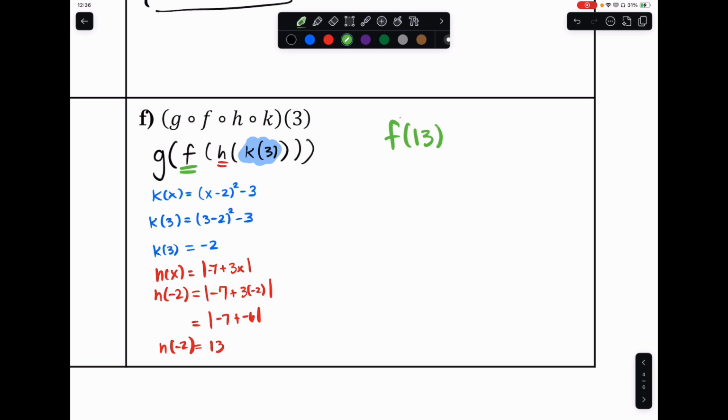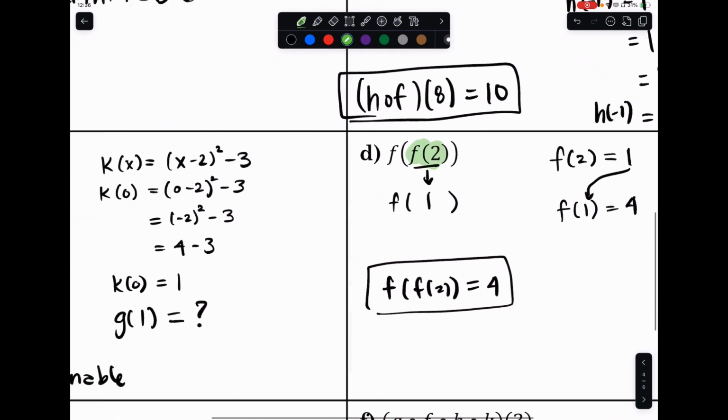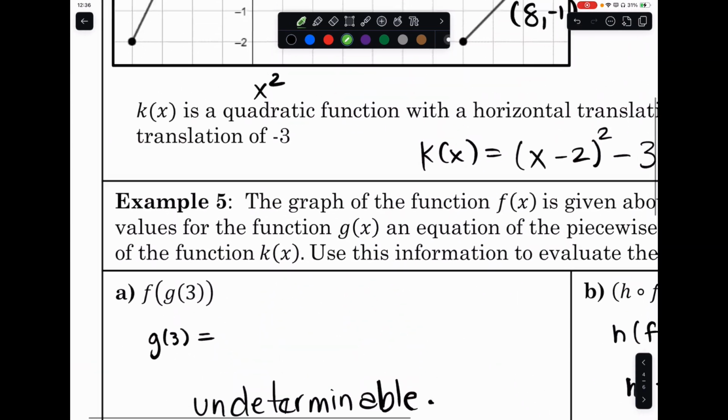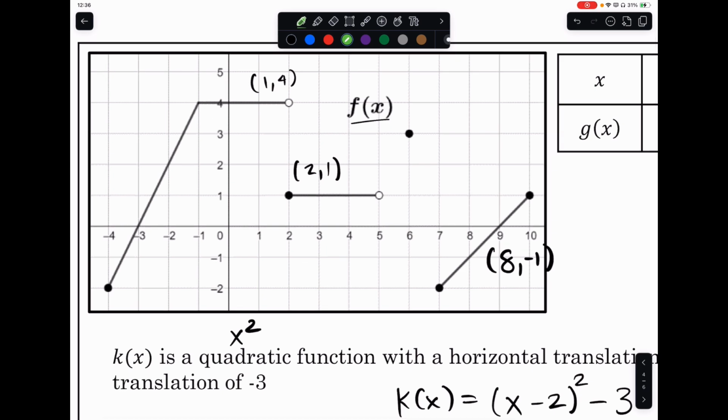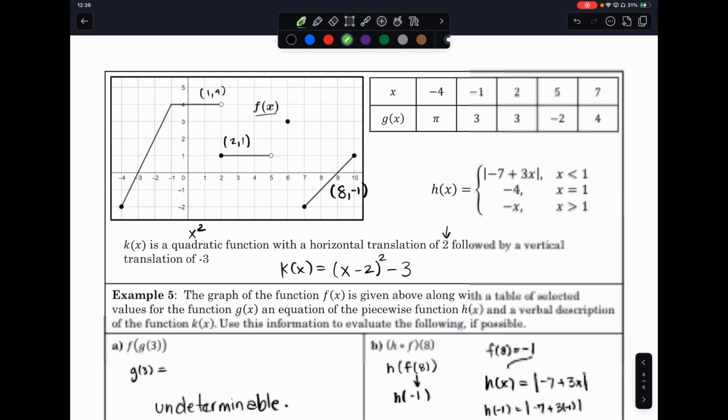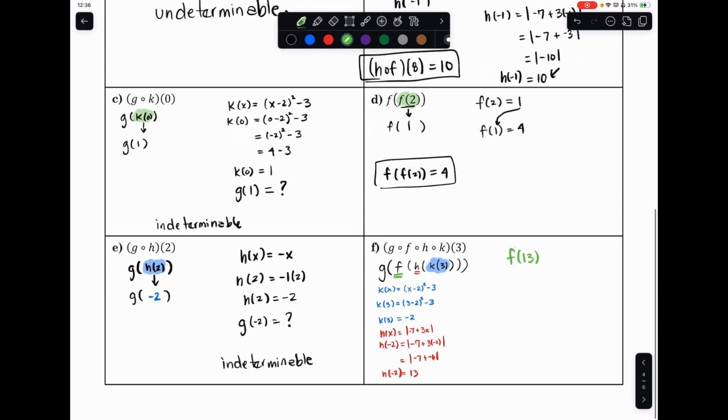Okay, so let's look at f. Well, if I look at f, I cannot determine what the y value is for f because the highest that this thing goes is 10. So since it doesn't go any higher than 10, I do not know what the y value is going to be when x is 13.